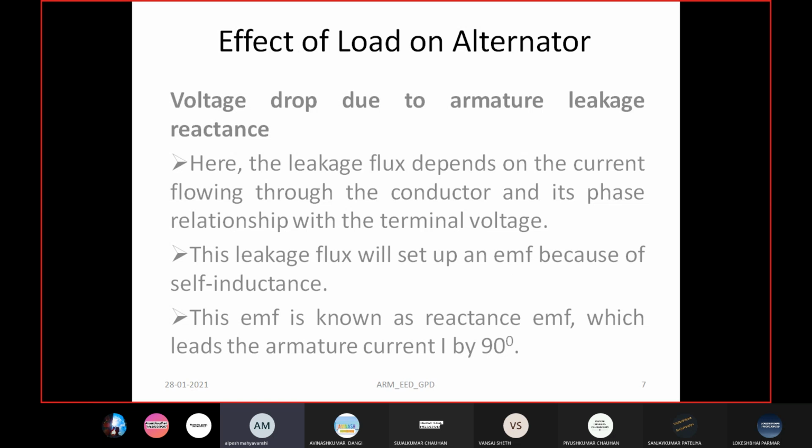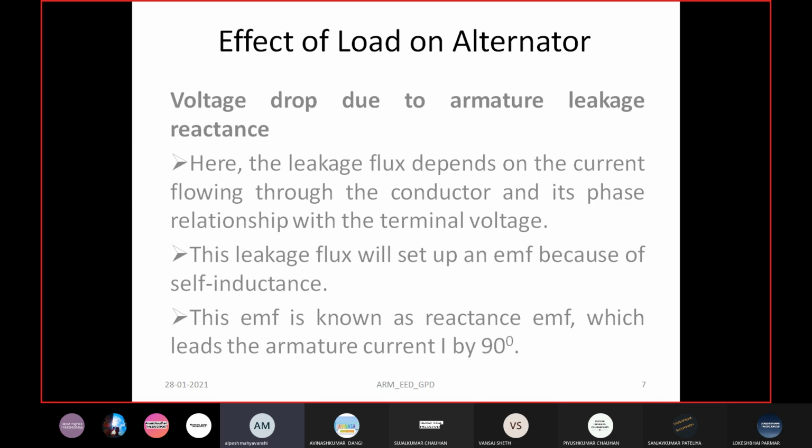If the value of current increases, the leakage flux increases; if the current decreases, the leakage flux decreases. So the amount of leakage flux depends on the magnitude of current flowing through the armature conductor, and this leakage flux has some relationship with the terminal voltage.